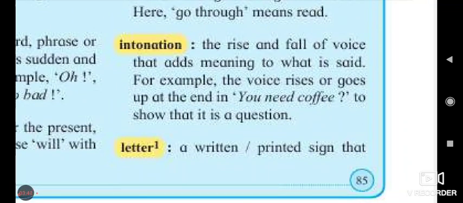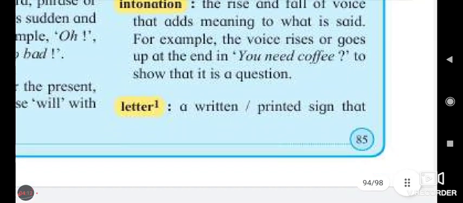Intonation is the rise and fall of the voice that adds meaning to what is said. For example, the voice rises and goes up at the end. You need coffee shows that it is a question.